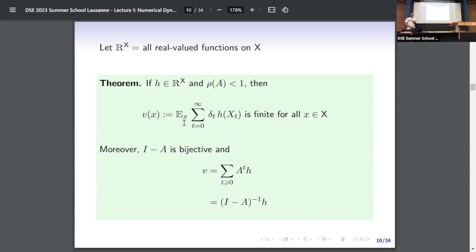Conditional on starting there, I want to evaluate this expression. And in fact, it's not hard to show that if the spectral radius of A, which is our discount operator, is strictly less than 1, then this guy is going to be finite at every little x. And moreover, we can compute it as this geometric sum, or we can compute it via this inverse method. These two things will be equal, under the condition that the spectral radius of A is less than 1.